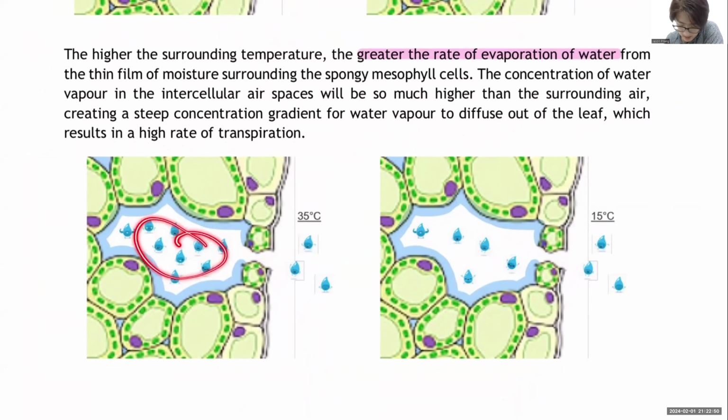So it's about the inside. It is much warmer, so the water here will evaporate very quickly compared to here, only maybe 1 or 2. Then now, wow, a lot, very little.